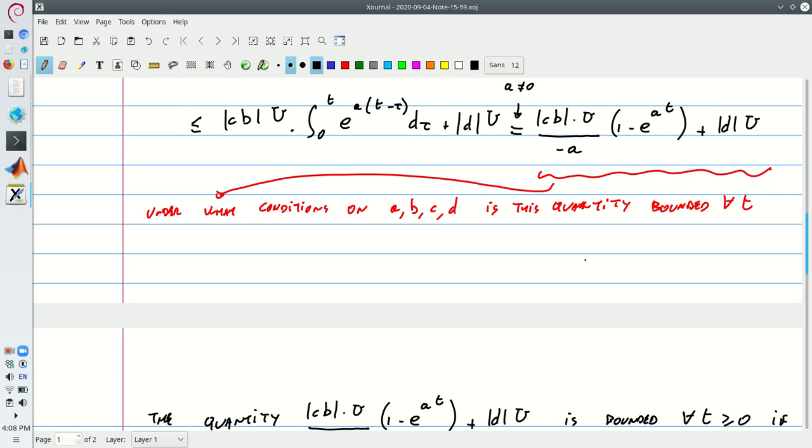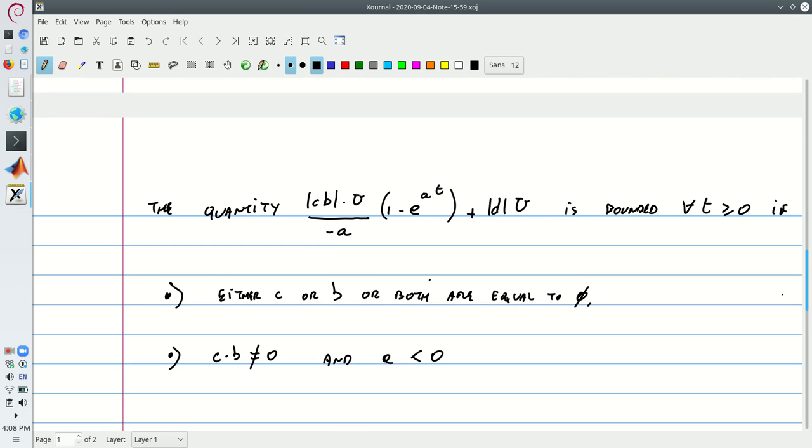The other case is, if A is equal to 0 instead, this quantity, if you take this integral, is CB capital U t plus D U. So the case that we have considered so far is the case A different from 0.